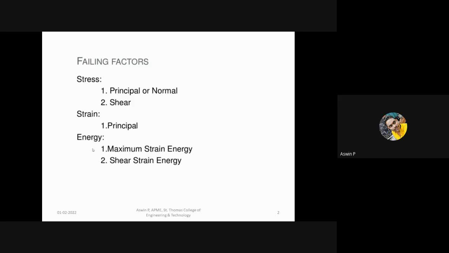Then you have to write: every shaft and other mechanical equipments fails due to following factors.